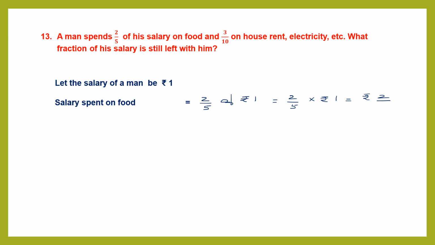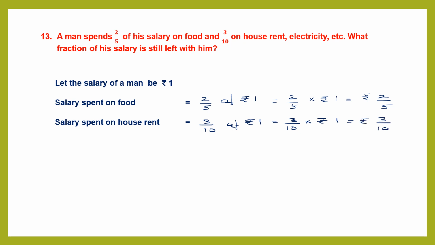Now the salary spent on house rent is 3 by 10. So that is 3 by 10 of 1 rupee, which is 3 by 10 into, of means into 1, and we get rupees 3 by 10. So we know the salary spent on food, the salary spent on house rent.